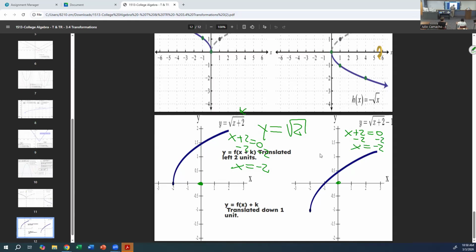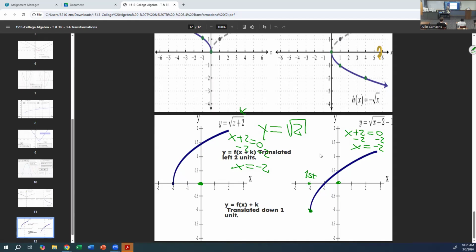So it went 2 spaces to the left, first, and then it went down 1. The reason it looks like 2 spaces is because the grid is in 0.5 here. You see that? It went down, and that is the new vertex.